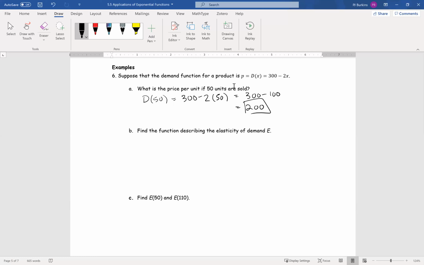Next part says, find the function describing the elasticity of demand. Well, as above, that was described as minus 1 over x, d of x divided by d prime. So we just need to find d prime. So d prime, which will be the derivative of this function, is going to be minus 2. Plug it all in.